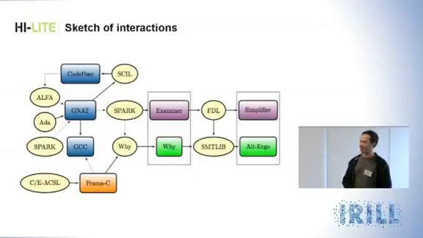So just a quick sketch of interaction. Although I'm not going into the details, the yellowish bubbles are the languages. So you might spot Ada, the SPARK subset of Ada, and the C language at the bottom left corner. And the boxes are the tools that already exist and already have an industrial basis. So the blue tools are the compilers and static analyzers by AdaCore. The orange box is the Frama-C platform developed by CEA List for analysis of C code.